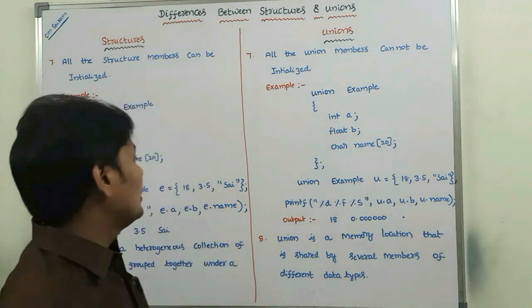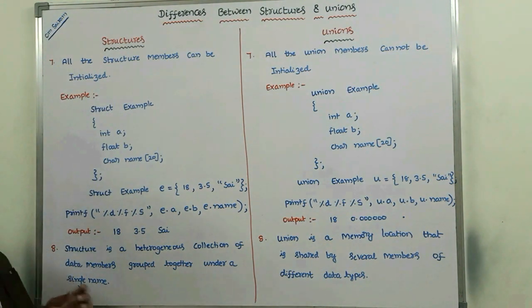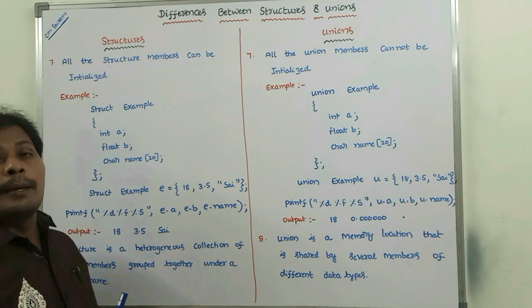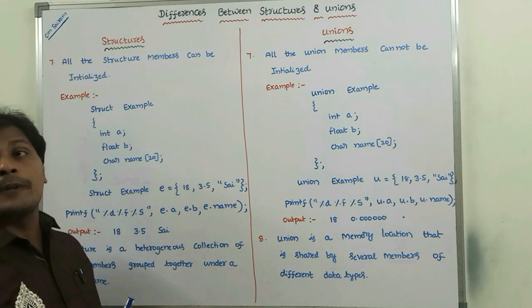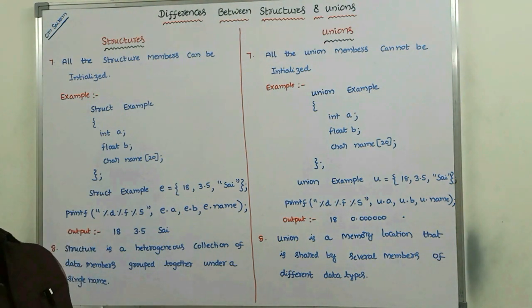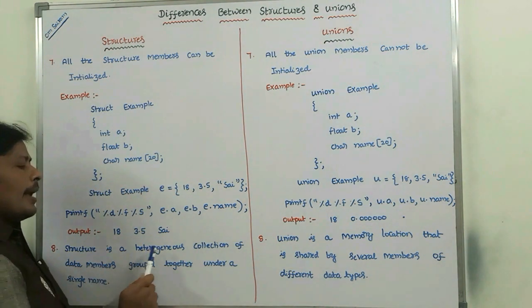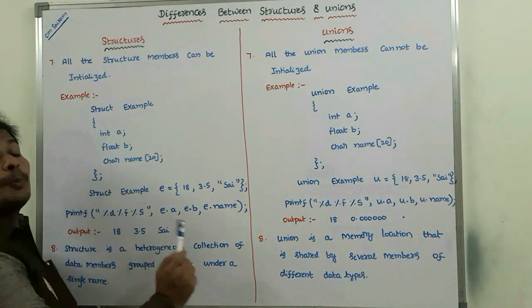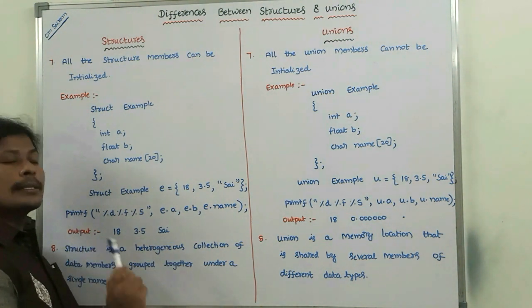Next one is the simple definition of structure and union. Both structures and unions are used for storing heterogeneous data type members. Structure is a heterogeneous collection of data members grouped together under a single name.